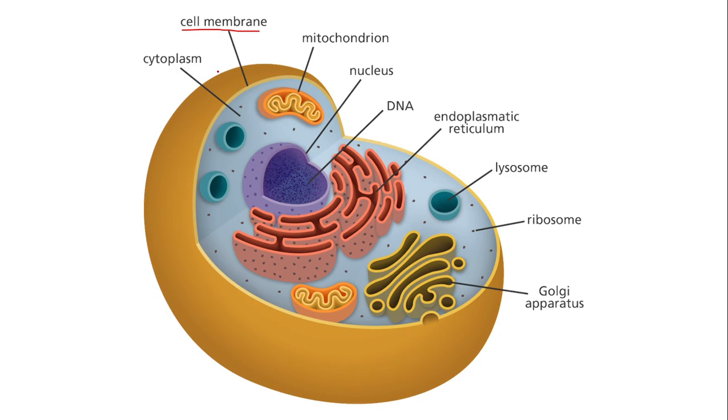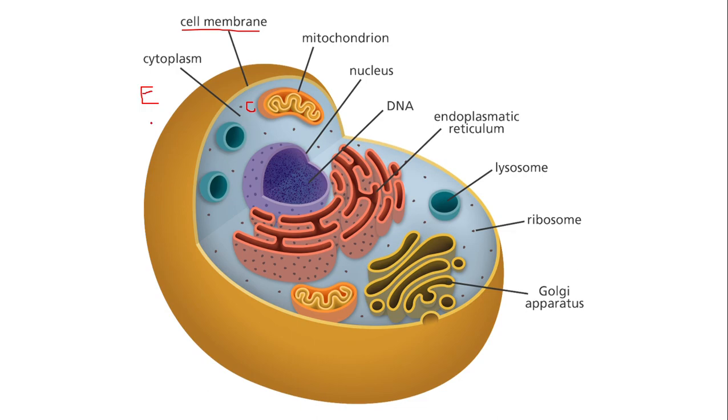Guys, today we will discuss the complete structure of this cell membrane. But before starting the structure, let me tell you one thing: the plasma membrane faces the cytoplasm on the inner side, and on the outer side of the plasma membrane is the extracellular fluid of the cell, meaning the fluid present outside the cell.